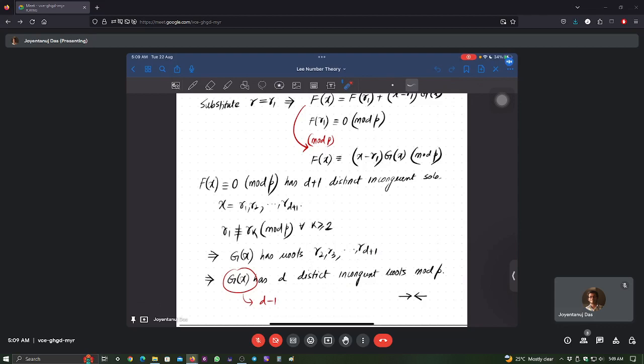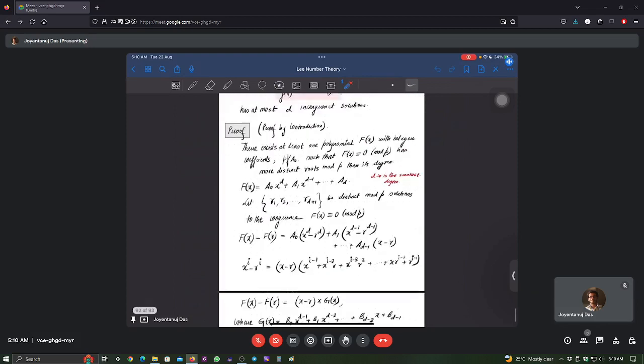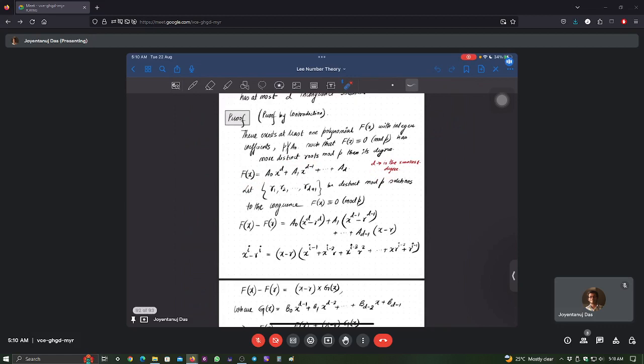The degree of gx is d minus 1, but we got d distinct solutions. So it is more than the degree. That is the contradiction, because we assumed fx to be the smallest polynomial with more distinct roots than its degree. But we can produce a smaller polynomial satisfying that condition, so it is not possible.